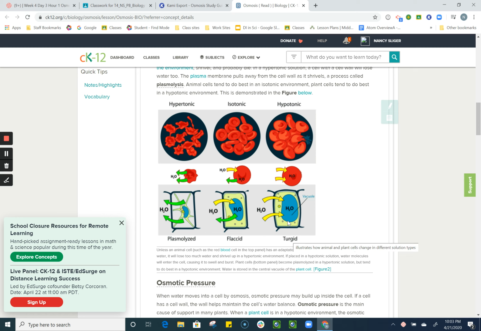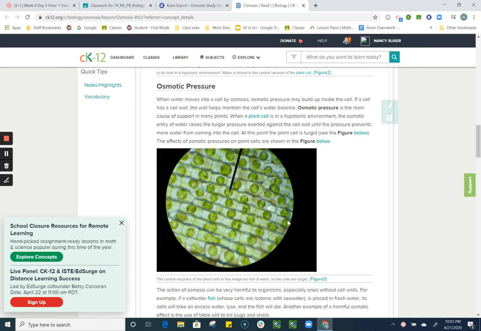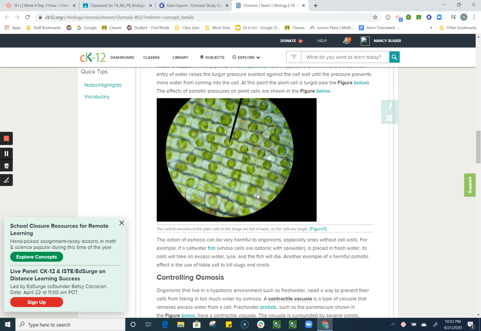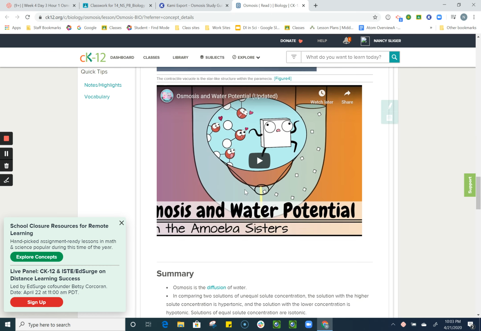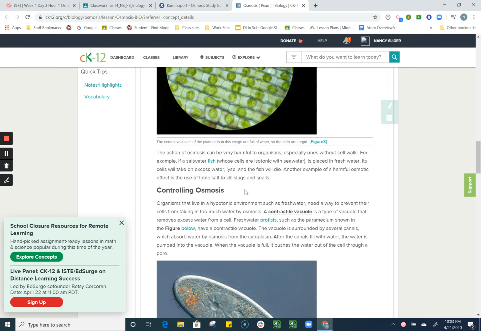You heard me mention that in the video about the osmosis. Okay, so this is just plant cells and a lot of water. They're very filled. They're exerting a lot of turgor pressure. All right, so we kind of went over part of this already.